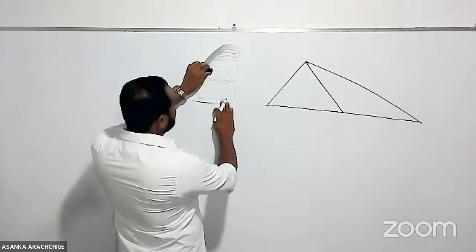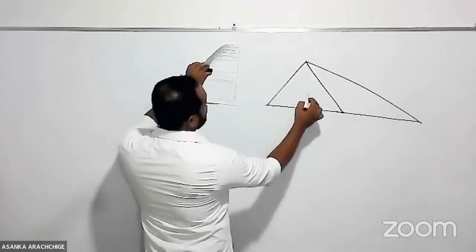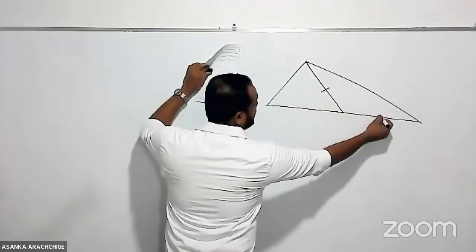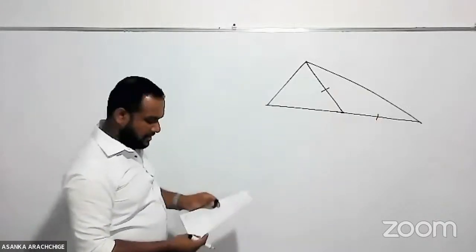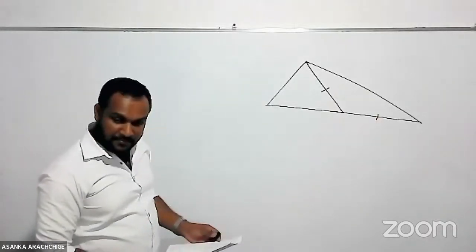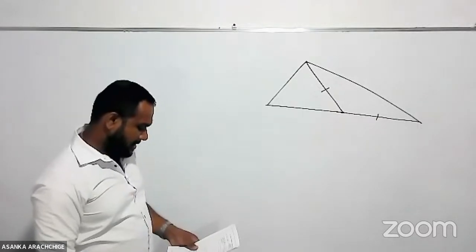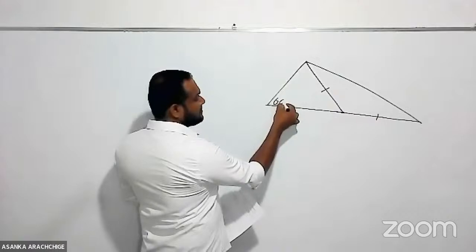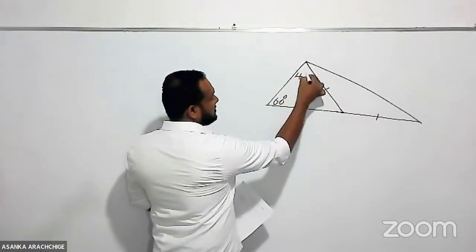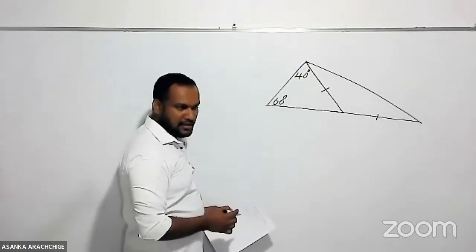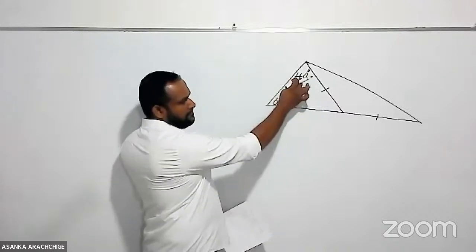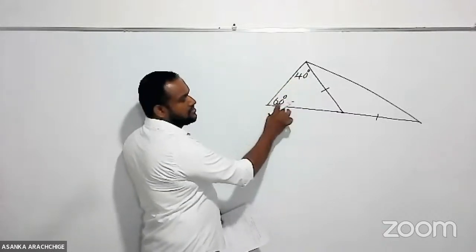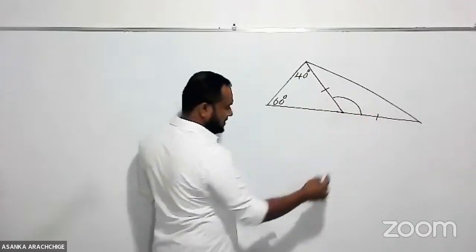In this triangle, you can see these two line segments are equal. Can you see it in the figure? And we are also given that this angle is 60 degrees and this is 40 degrees. Clear? If this is 40 and this is 60, how much is this?